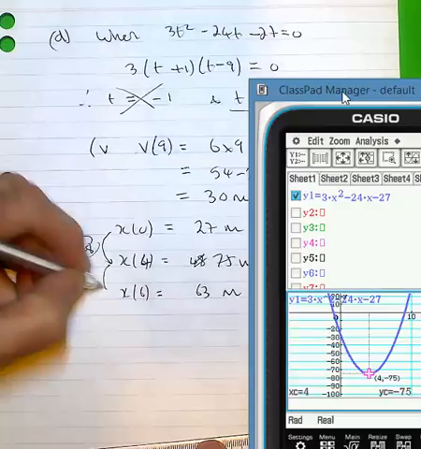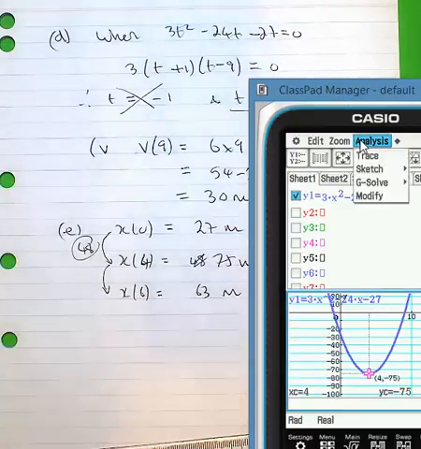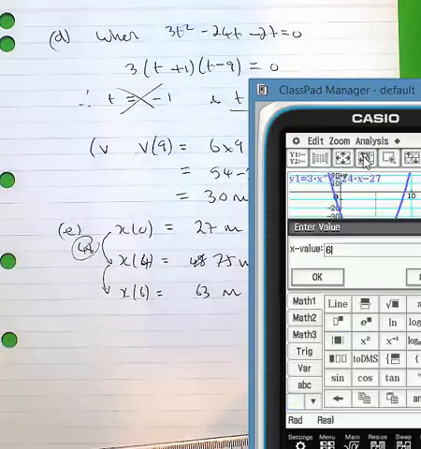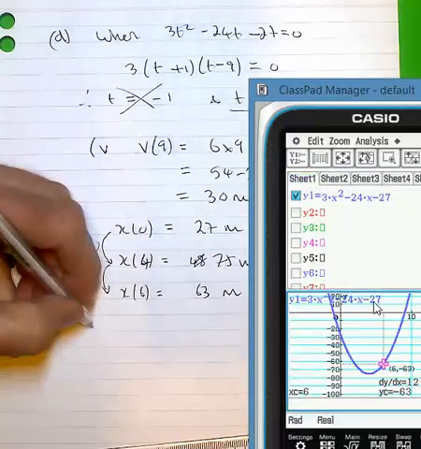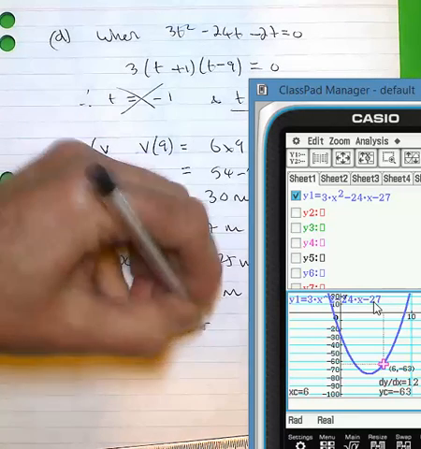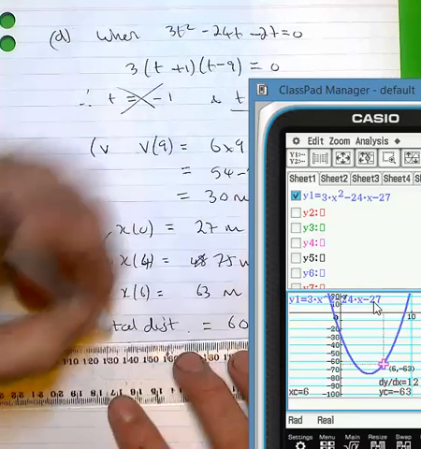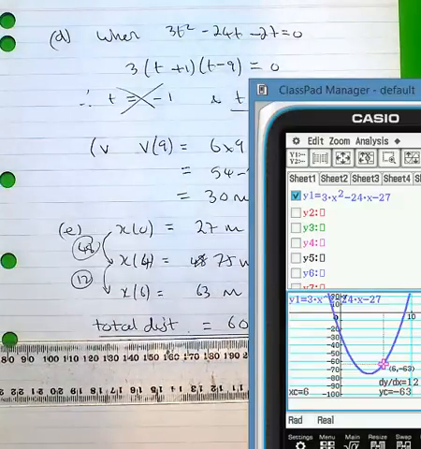And then it's travelled an additional 12 metres to get to negative 63. So total distance is equal to 60 metres. That's the distance it's travelled, not the displacement.